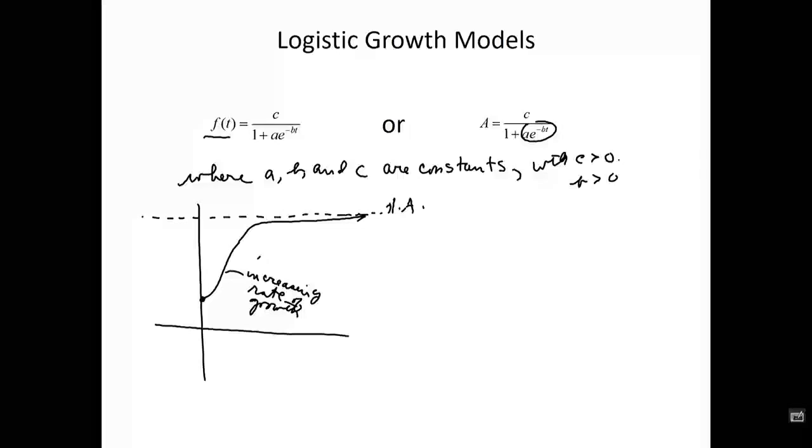So this means that the horizontal asymptote, which is y is equal to c, is the value that f can never exceed. All right, because that's a horizontal asymptote, and it will never exceed. So we can conclude that C represents the limiting size of f. All right?